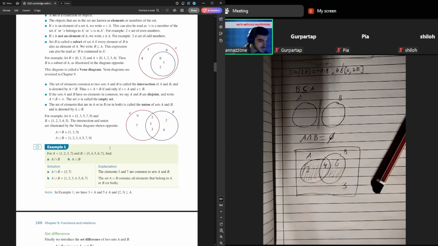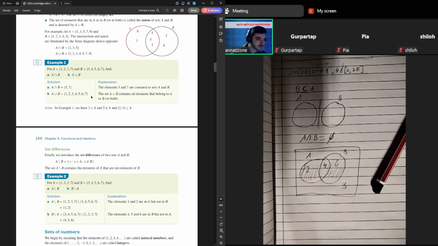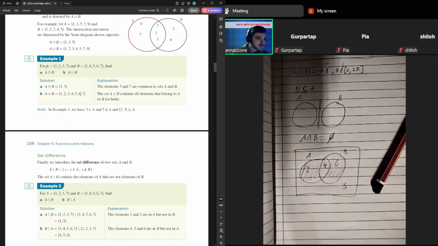Okay, that's that. So if we look at a few basic examples, sometimes you won't get a picture with it. You might want to consider drawing a picture of it just so it makes it easier to see what's going on. But anyway, A is the numbers 1, 2, 3, and 7. B is all of those numbers. If we're trying to find A intersecting B, that means what's common in both A and B at the same time.